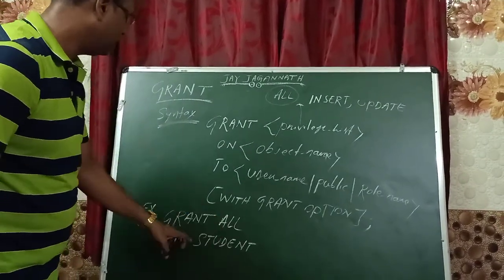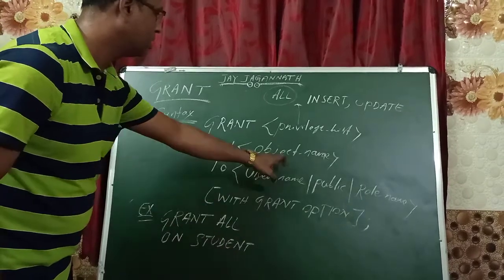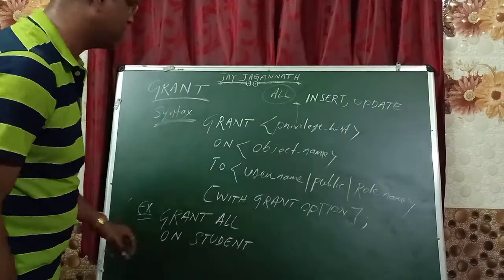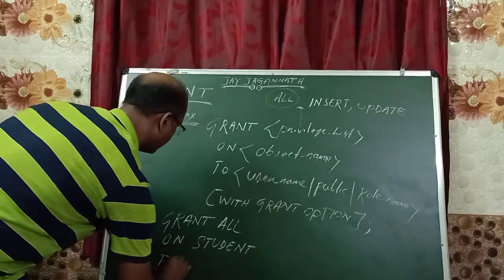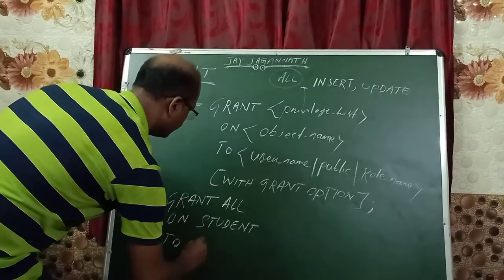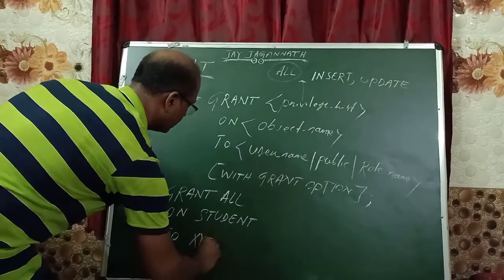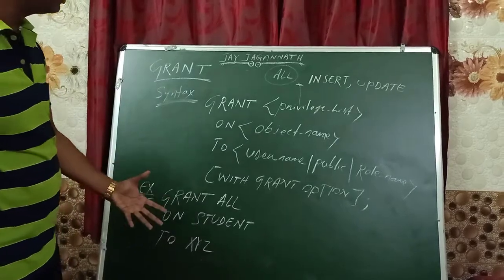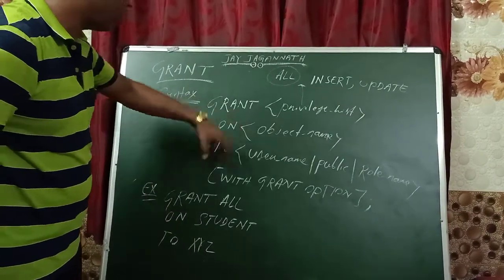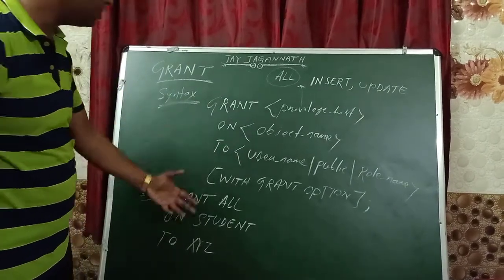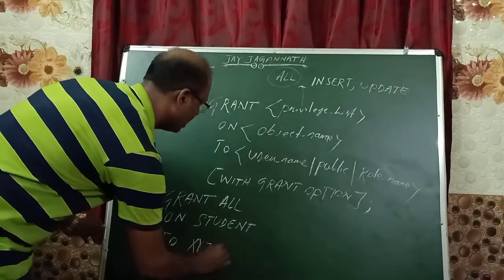Grant all on student, that is the object name, to user name. That user may be XYZ. XYZ is a user, and here the DBA provides all the permissions to the user XYZ.